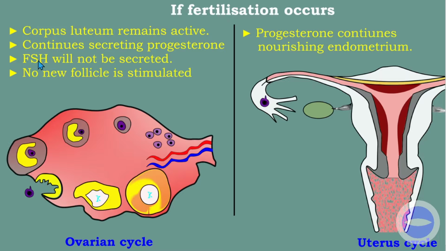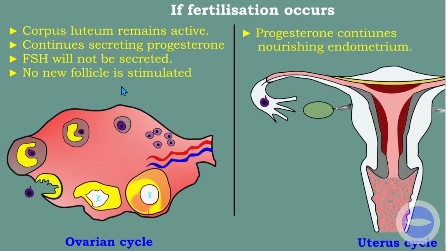So FSH will not be secreted, and no new follicle is stimulated. Inside the ovarian cycle, this will become more active now, and it keeps on releasing the hormone progesterone. The progesterone will prevent the pituitary gland from secreting FSH, so there won't be any new follicles that will grow.